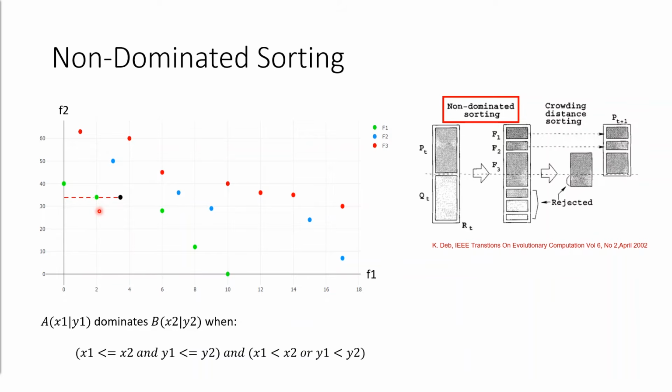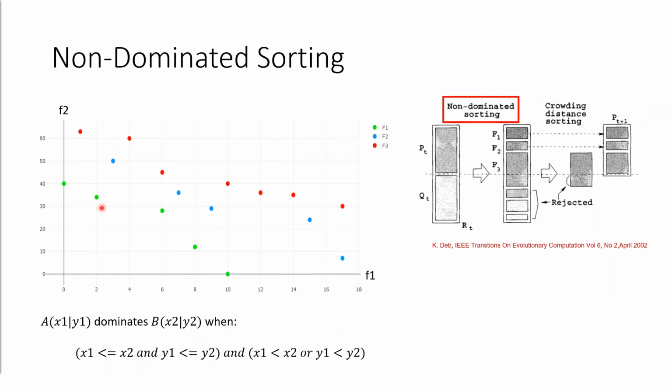Now that you understand how it is checked if one individual dominates or is dominated by another, we can start with the real sorting process. For every individual in the population Rt, every individual is compared with every other individual, and it is checked pairwise if the individual is dominated by the other one or if it dominates the other one.